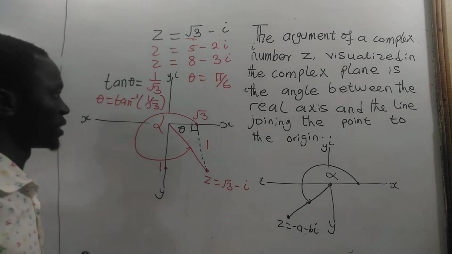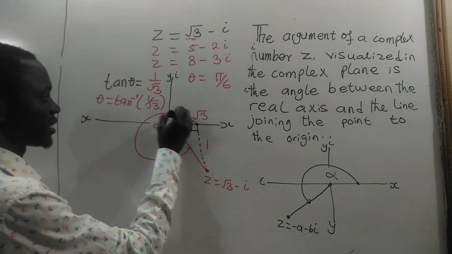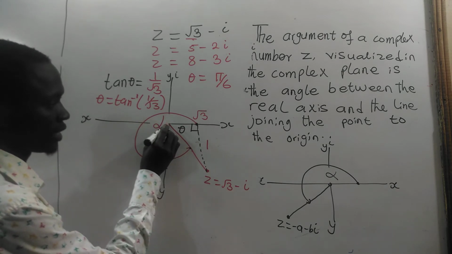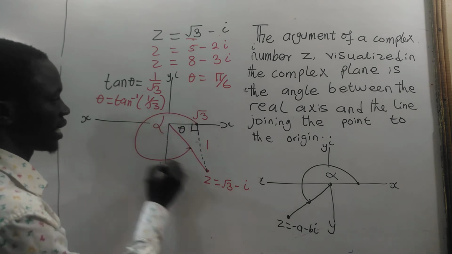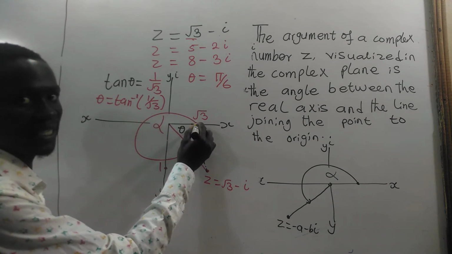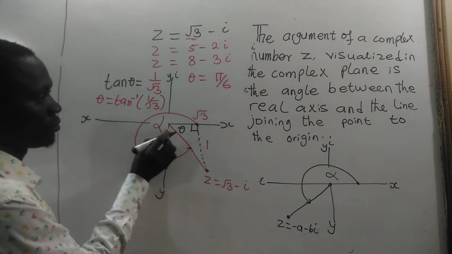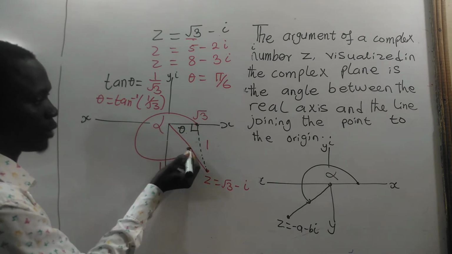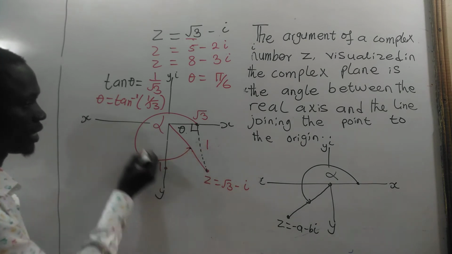And here how do we represent the angle? We want the angle from the positive real axis to the line joining the origin and the point. So if I move from here and end up here, it is 360 degrees or 2 pi in radians. So since I have this as pi on 6, I will take pi on 6 from 2 pi to get this.